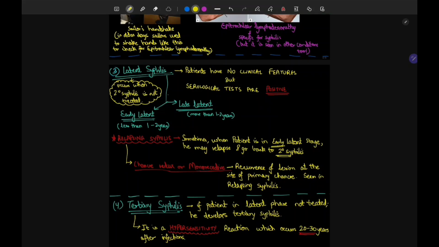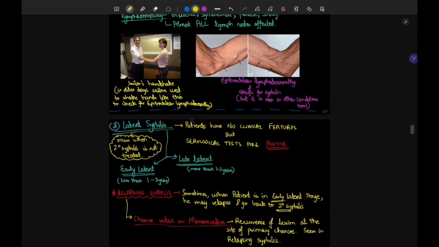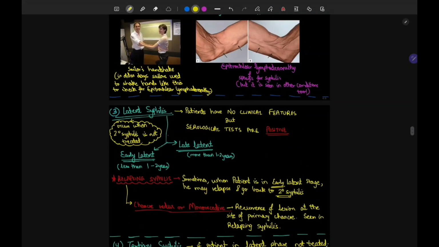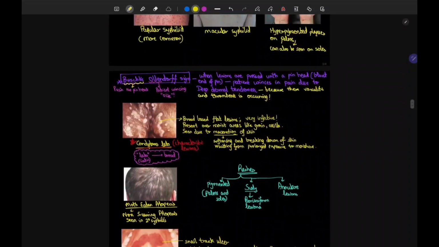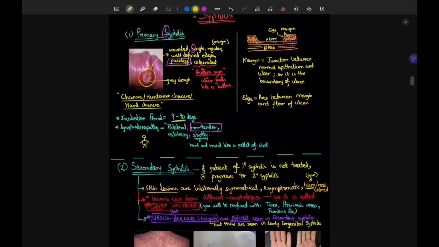Now what's going to happen in relapsing syphilis is that the person who is in this early latent stage, which is less than 1 to 2 years after primary infection, is going to develop secondary syphilis again, and these lesions will be seen here on the site of the primary lesion, on the site of the chancre.